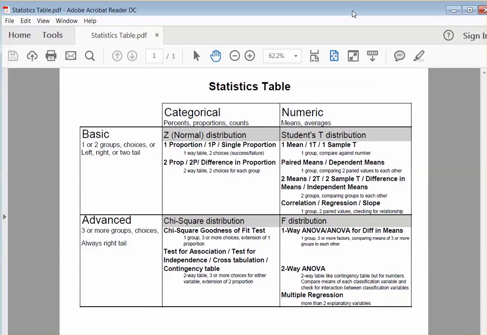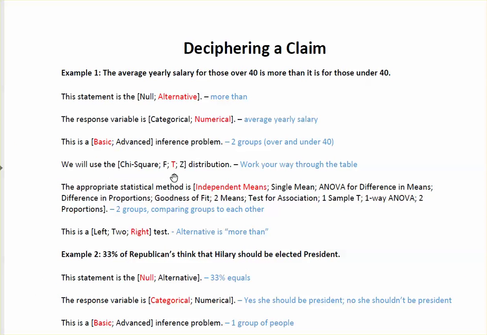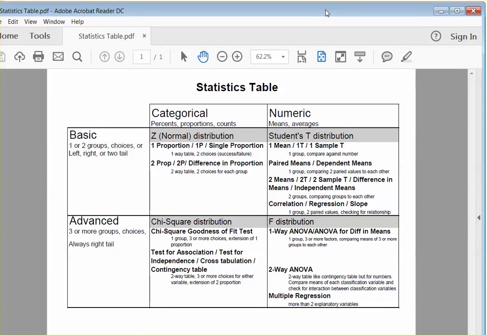Because we know it's basic and it's numeric, we know that it's a Student's T distribution. We know it's the T distribution because we worked our way through the table. The appropriate statistical method is the independent means, but how do we know that?